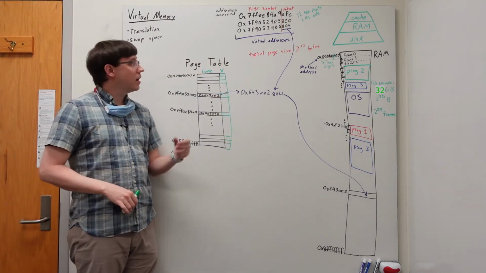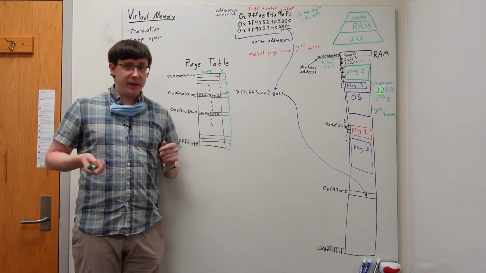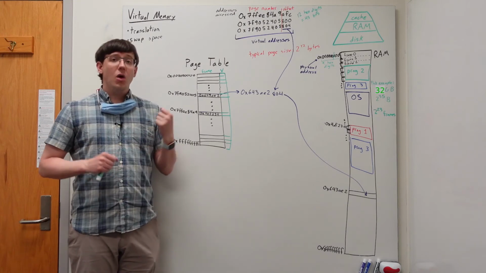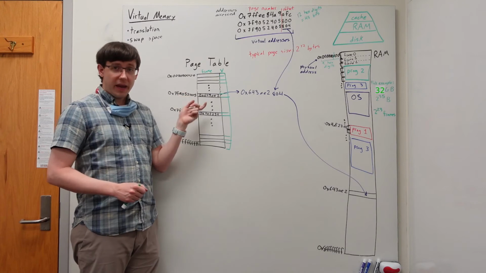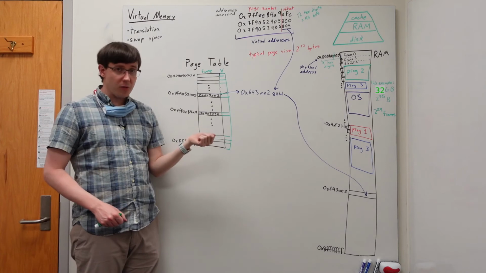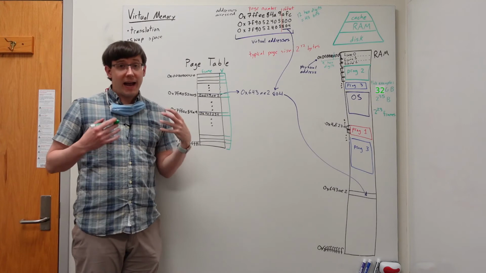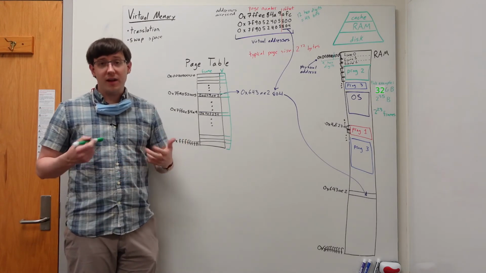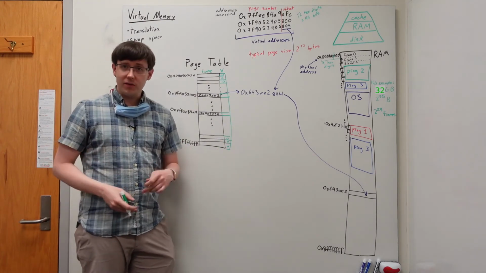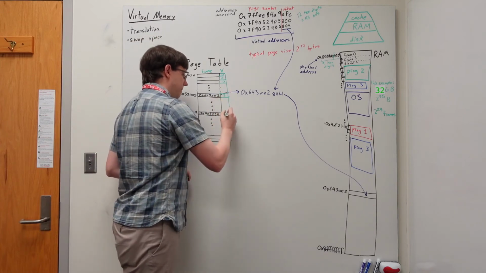One additional component of the page table is a valid bit, much like we saw in the cache metadata. In this case, the job of the valid bit is to tell us whether a particular page of a process's virtual address space is currently in memory. So, for pages of the address space that the process has not accessed, those will have a valid bit of 0. And for pages that have been accessed recently and are therefore in the RAM, they will have a valid bit of 1.